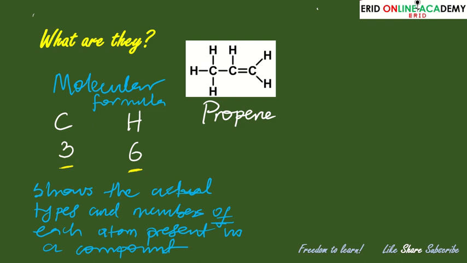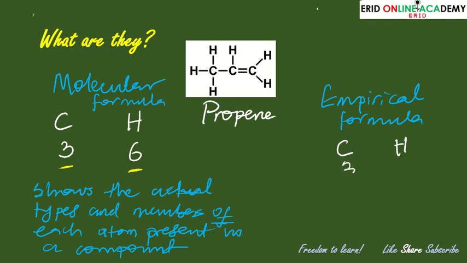Now let's look at the empirical formula. What does empirical formula mean and what does it represent? Having seen that this compound contains only carbon and hydrogen, we will be interested in finding the ratio of the constituent elements in this compound.